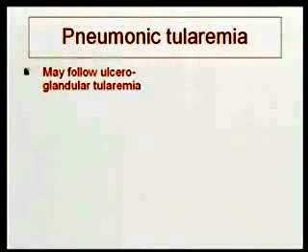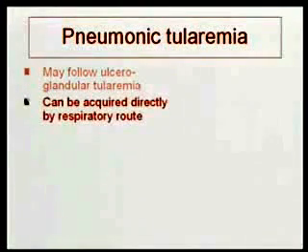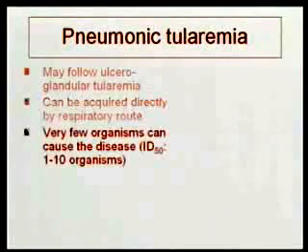As I was telling you, in Martha's Vineyard, the Nantucket Island, I think it is, in the northeast, there was a case reported where lawn mowing or curbside grass mowing led to aerosolization and inhalation, and the guy got pneumonic tularemia. It can be acquired directly by the respiratory route. That's what I just emphasized.